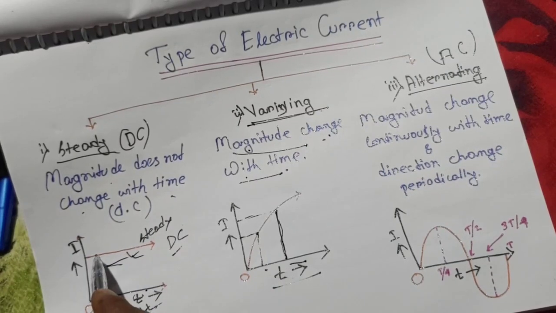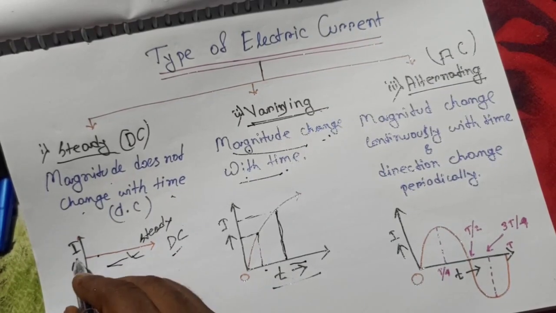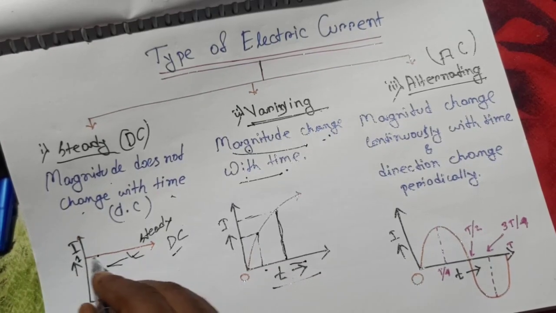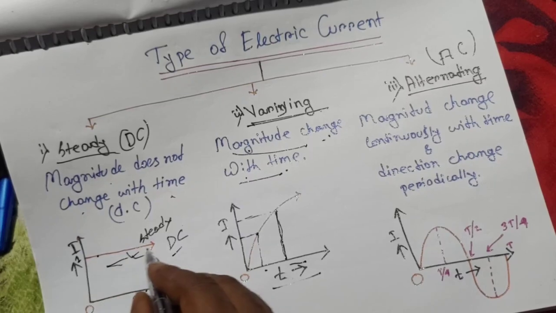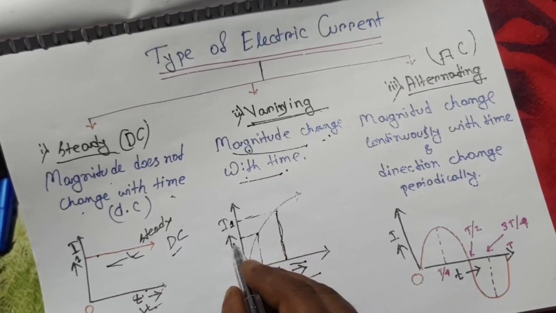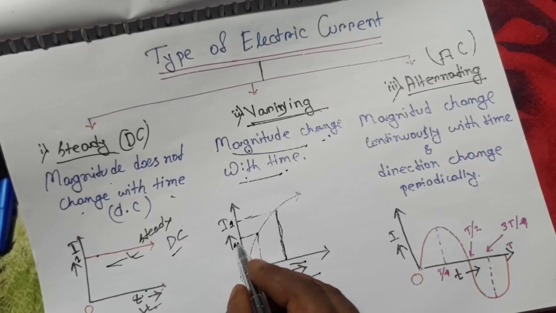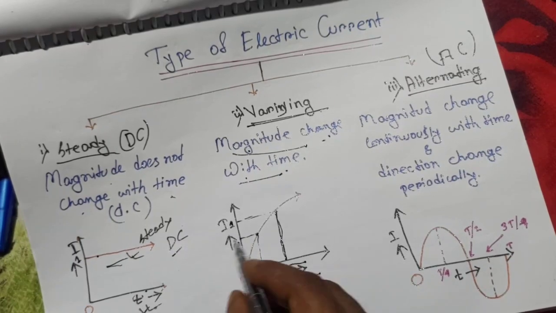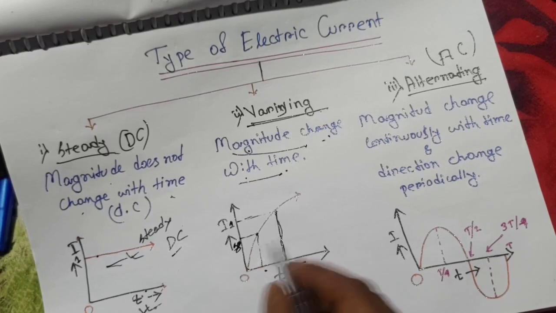Whatever the time, the current value is the same, suppose it is 1 in all positions. In the other case, suppose this one is 1, this one is 0.9, or 0.8.